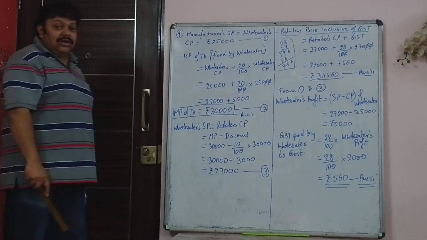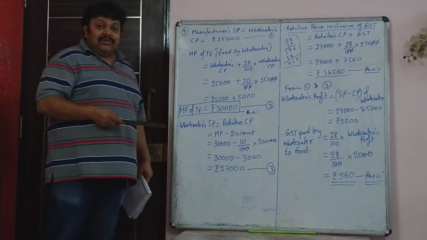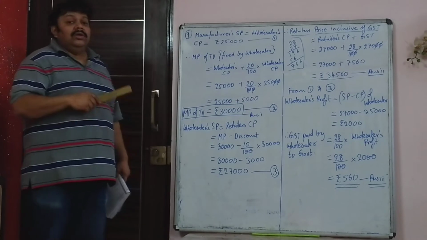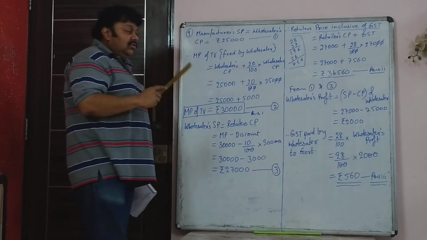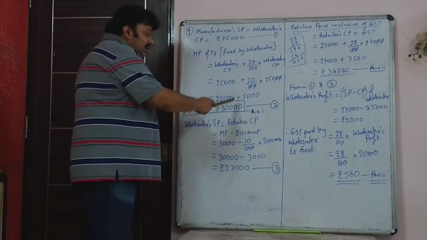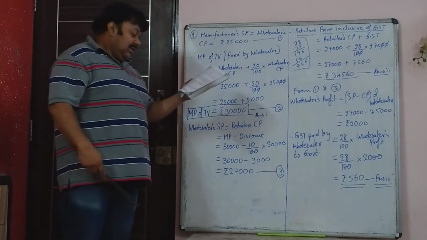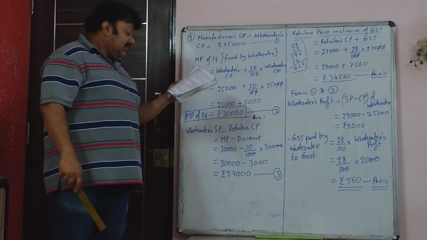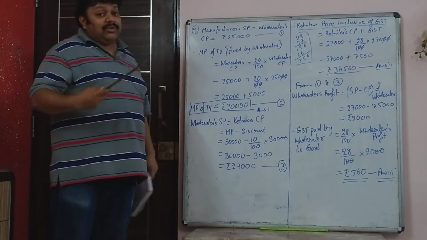The first answer asked, what is the mark price of the TV? So after buying it from the manufacturer, the wholesaler is making the mark price. He is making it 20% extra over his cost. So on that he is marking it at 30,000. But read further. That first answer is over. After that it says, the wholesaler sells it to a retailer at 10% discount.